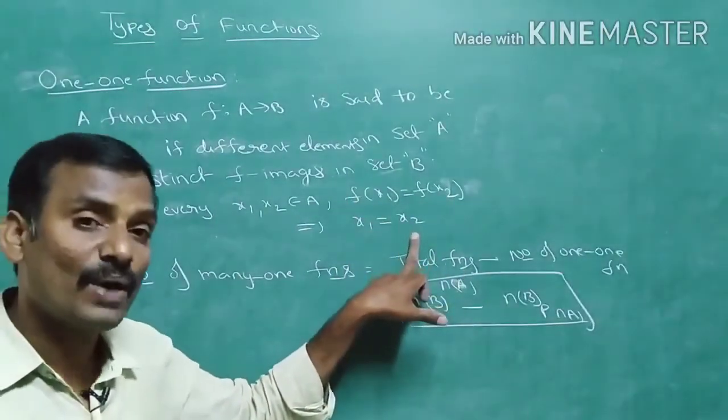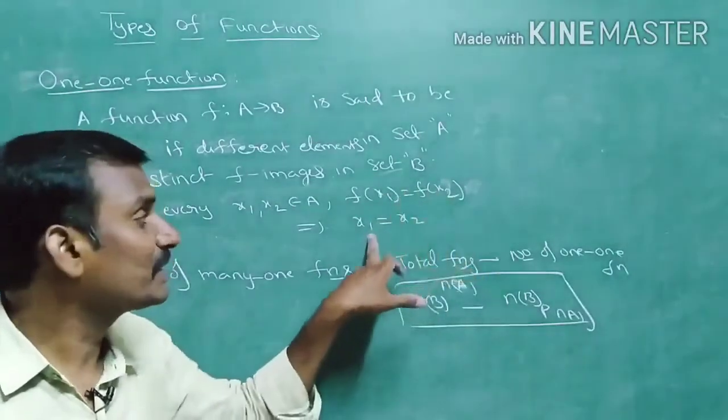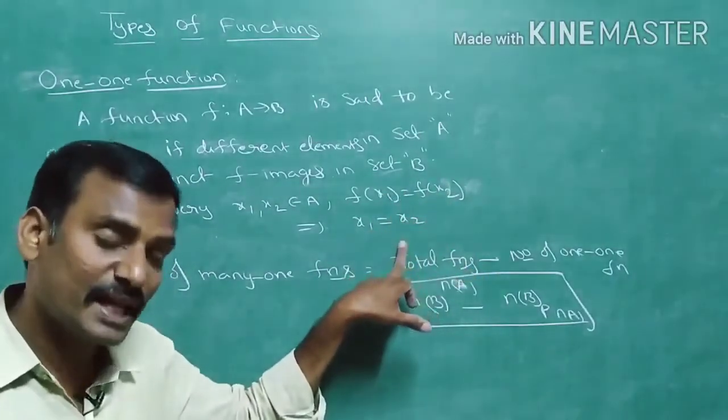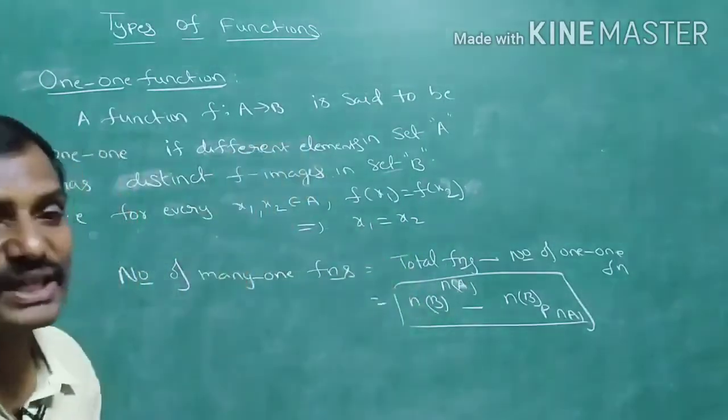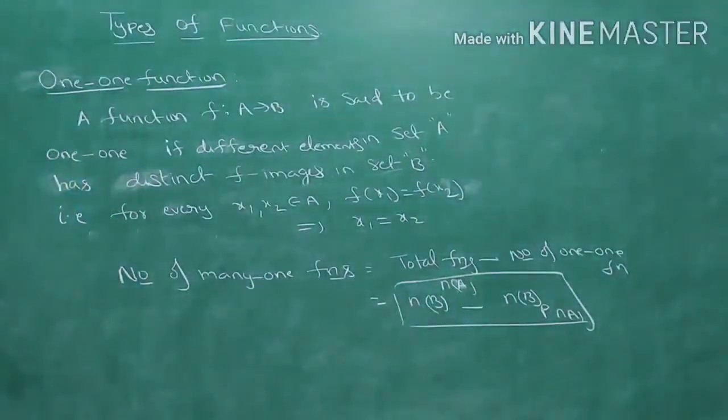That is the one-one function. If the corresponding images are equal, then the elements must be equal. So in this case, the function f is one-one. This is the one-one definition.